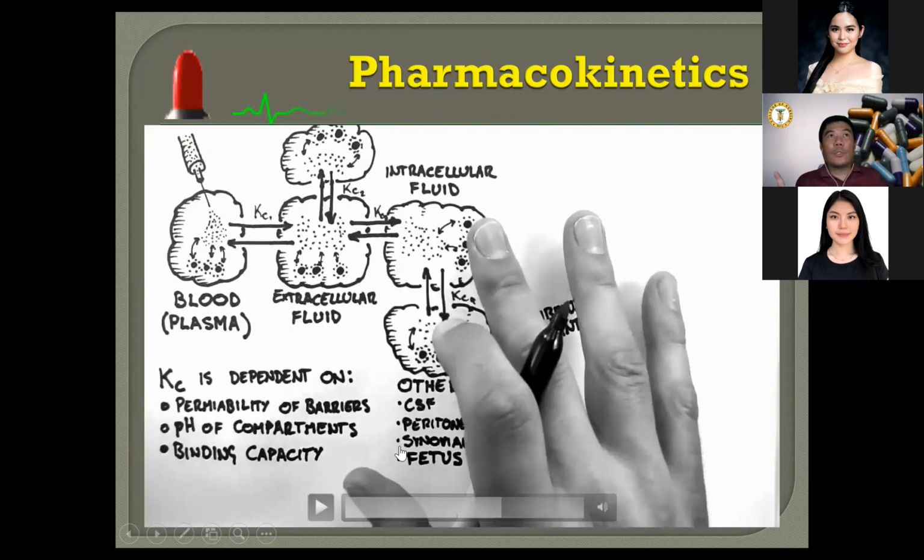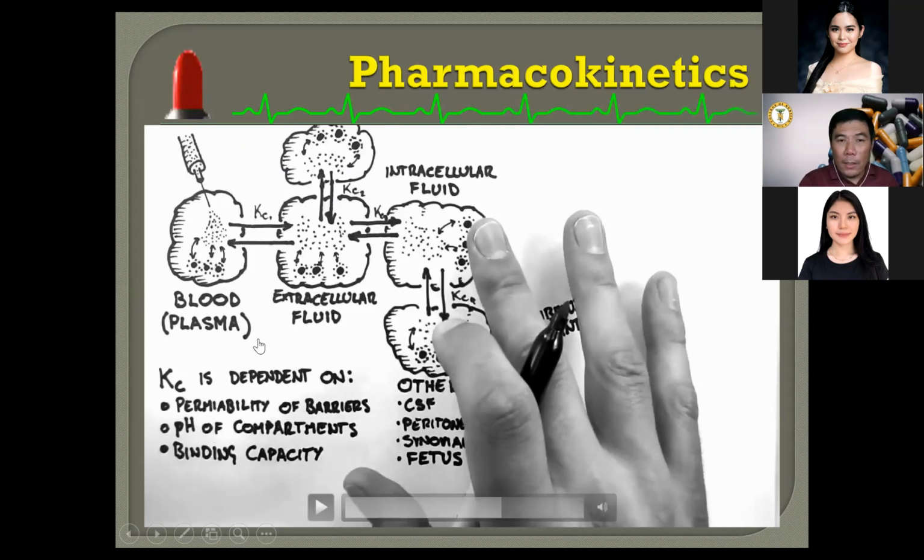Class, di ba, I have mentioned to you about the difference between the fat-soluble and the water-soluble drugs. The fat-soluble drugs, usually, when it will be absorbed, there could be a possibility that it may enter through the fats.